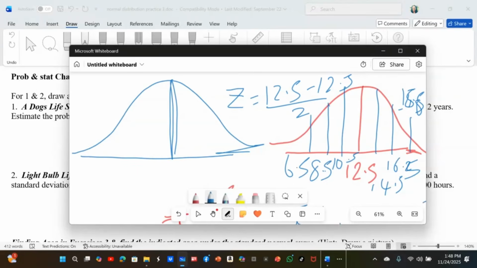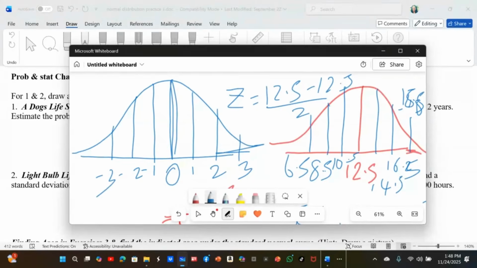The numerator 12.5 minus 12.5 divided by 2 is 0. So the mean is always 0 in a standard normal curve. If I standardize 14.5, I will have 1, then 16.5 will be 2, and 18.5 will be 3. If I standardize 8.5, I have negative 1, so this is negative 1, negative 2, negative 3.